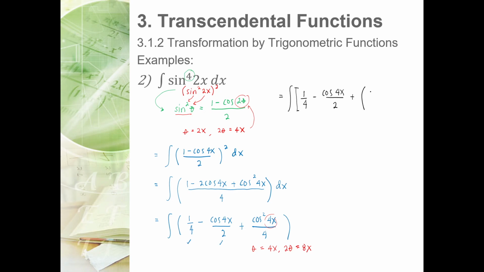So the cosine function's corresponding identity is 1 plus cosine 2 theta, right? So 2 theta being 8x all over 2. We have to multiply this one by 1/4 also.